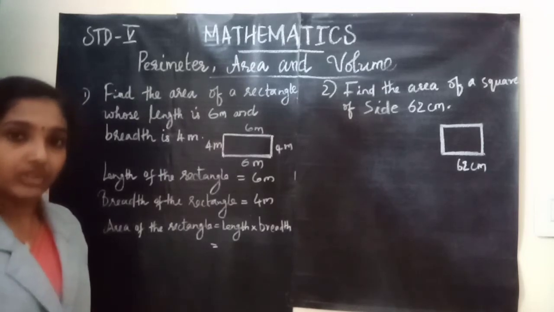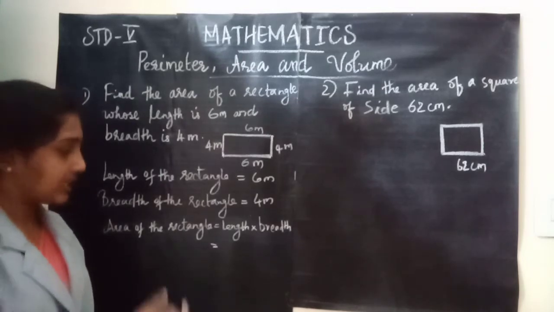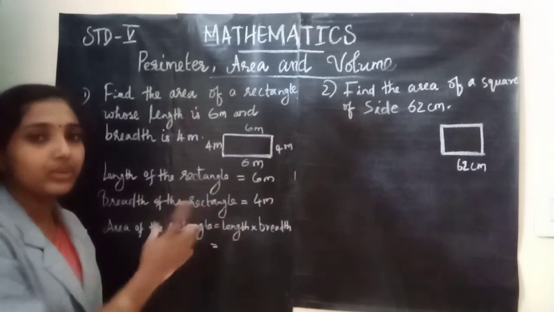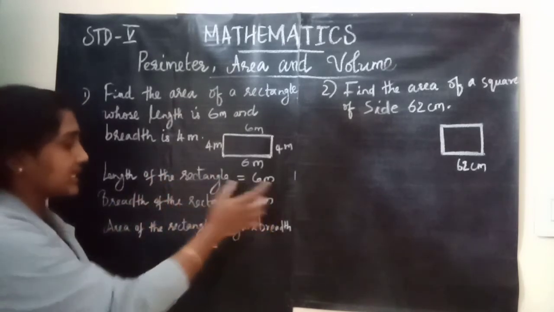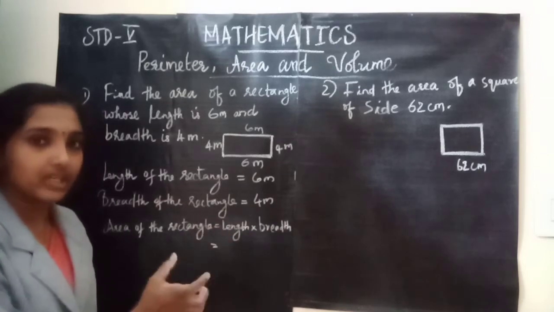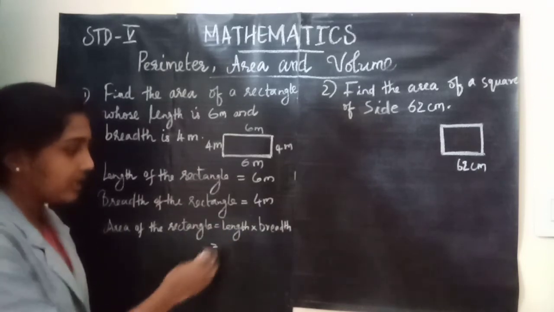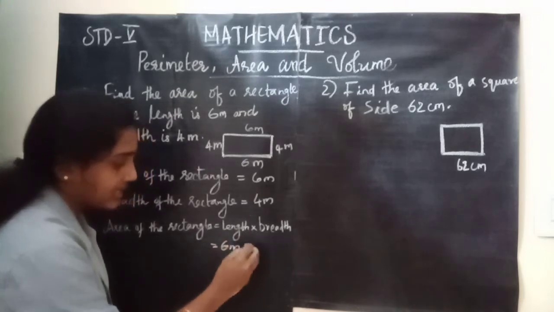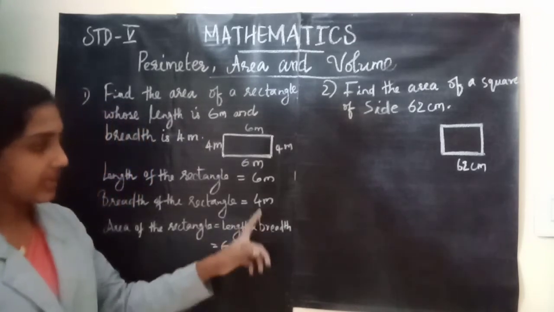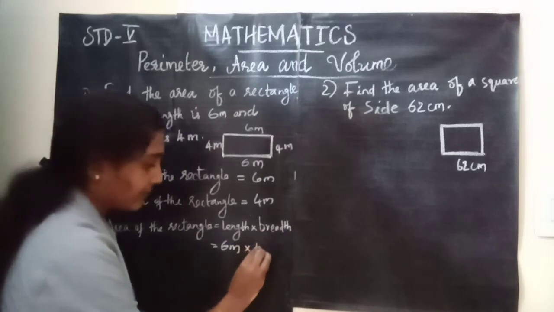Now we know the formula to find the area of a rectangle. Area of the rectangle is equal to length into breadth. The length of the rectangle is 6 meter and the breadth is 4 meter. So in the place of length we can write 6 meter into breadth, 4 meter.